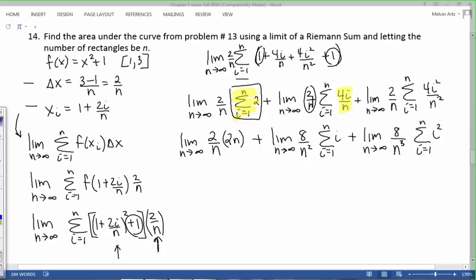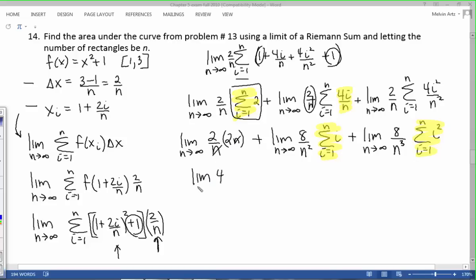The reason we did that is we know this equals something in terms of n only. And the same thing with this one here. We can rewrite this one now in terms of n only. And then we can find the limit as n goes to infinity. So before we get there, let's just finish this term.